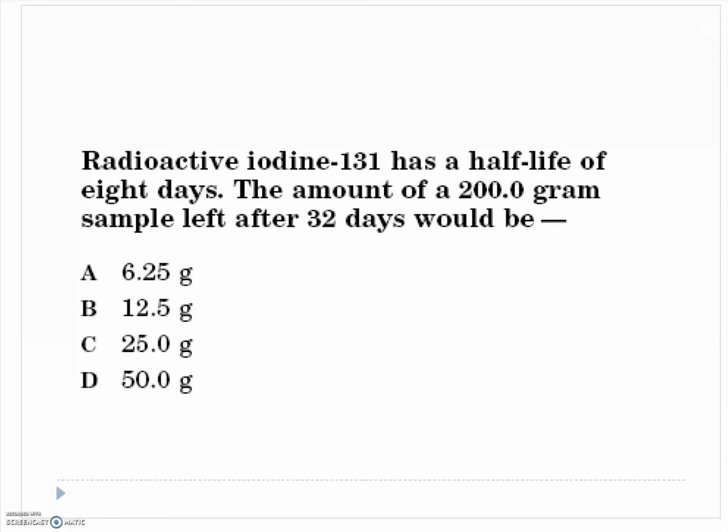All right, here's an example. Radioactive iodine-131 has a half-life of 8 days. The amount of a 200-gram sample left after 32 days would be, so that formula, N equals total time divided by the half-life. So the total time is 32 days.